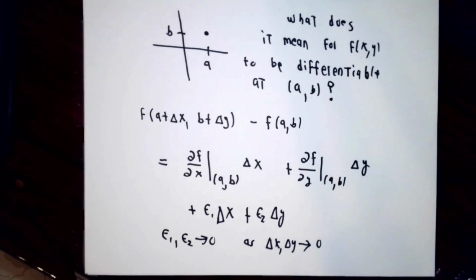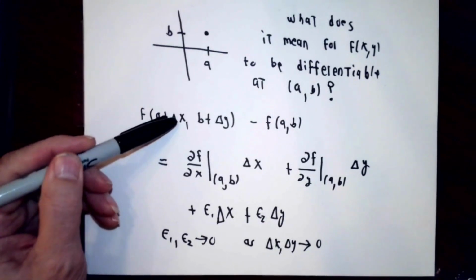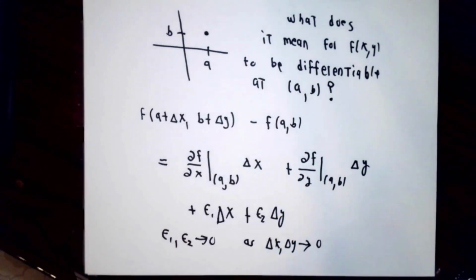As before, typically we don't expect an exact equality, but we expect the agreement between this and this sum to become better as delta x and delta y go to 0.